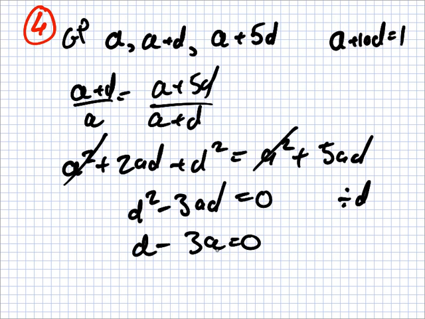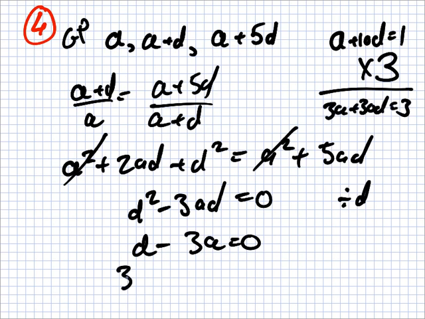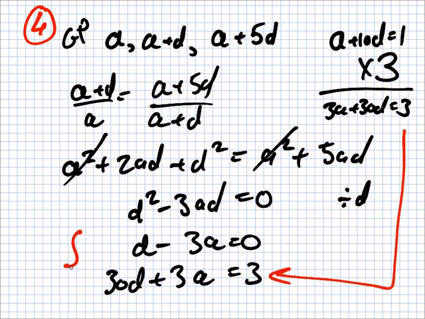Yeah? Now, I'll multiply this equation by 3, so I get 3A plus 30D equals 3, and just put that underneath. 30D plus 3A equals 3. I just carried that fella down there. I have these two equations to solve.